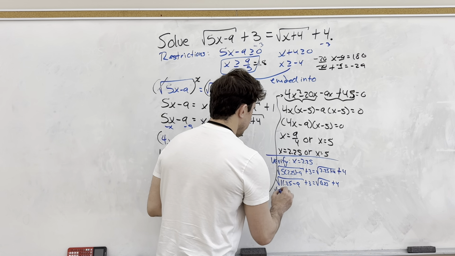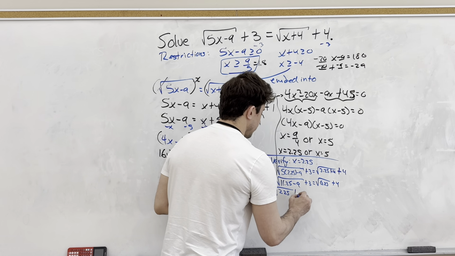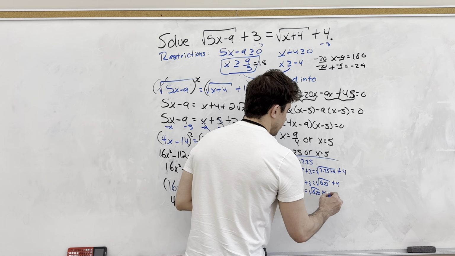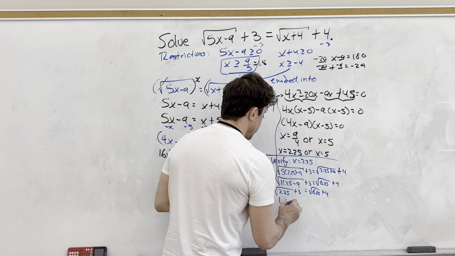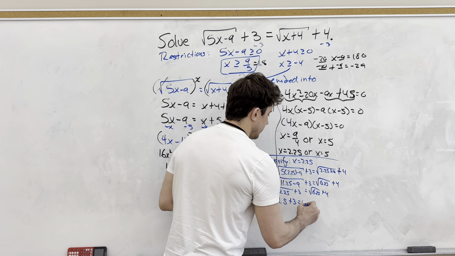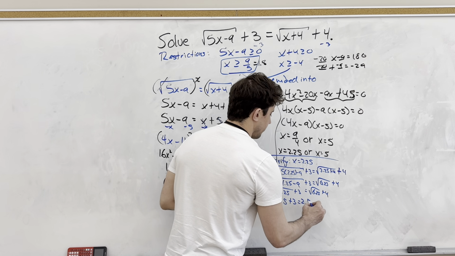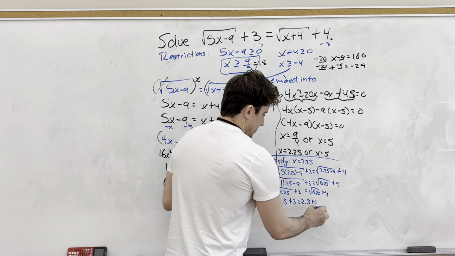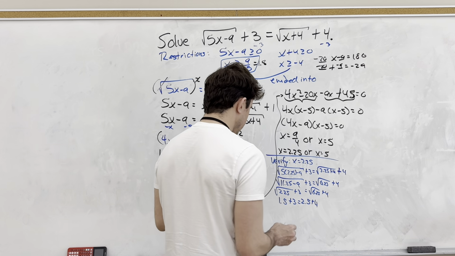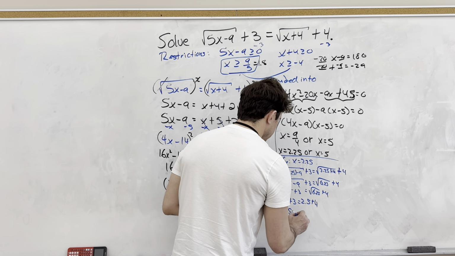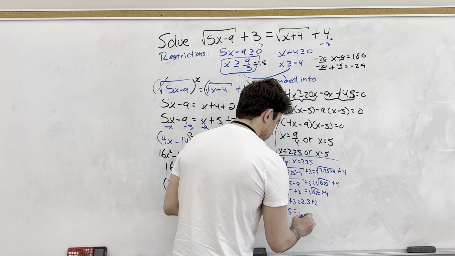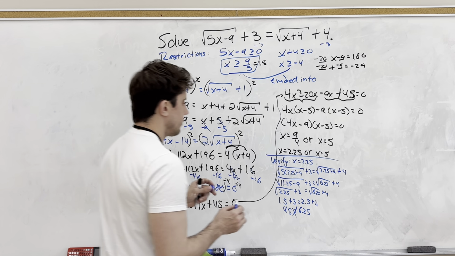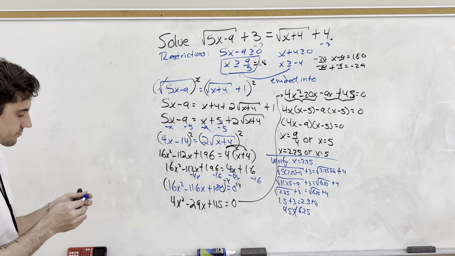That means the square root of 2.25 plus 3 is equal to the square root of 6.25 plus 4. That means that 1.5 plus 3 is equal to 2.5 plus 4. And that means that 4.5 is equal to 6.5. And of course, that is not true.